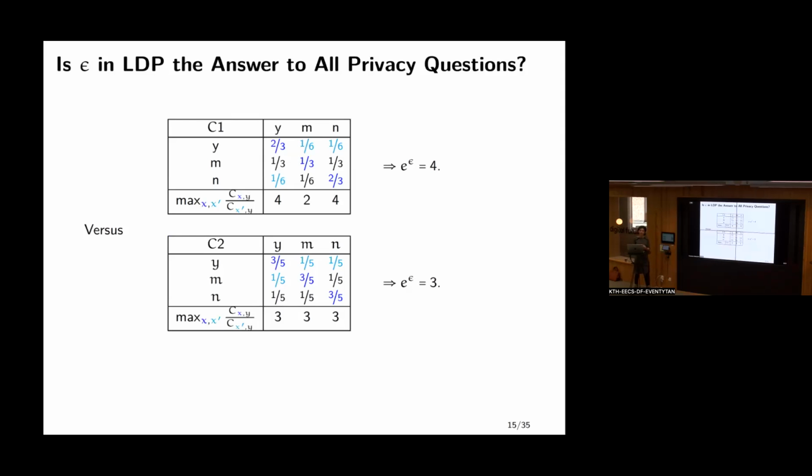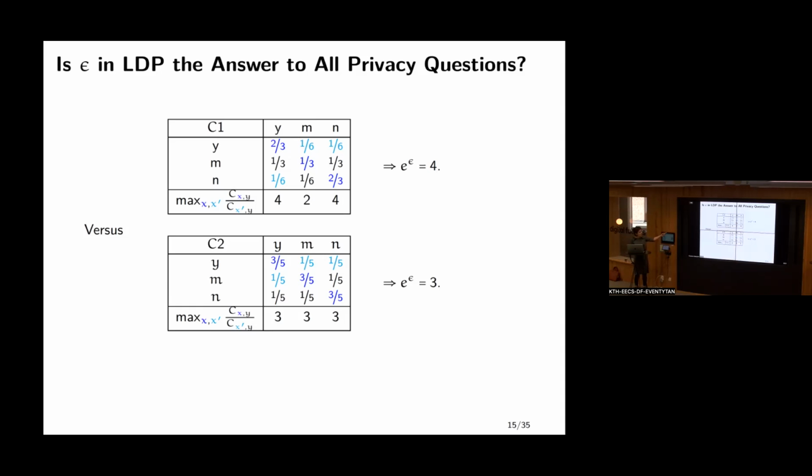So let's go back to our examples. If you were to calculate the ratio of the channel transition probability matrix for each possible value of the output, you would get 4, 2, and 4. I hope you can see, for people who are here on the line, 4, 2, 4, so the maximum is 4 for channel 1.